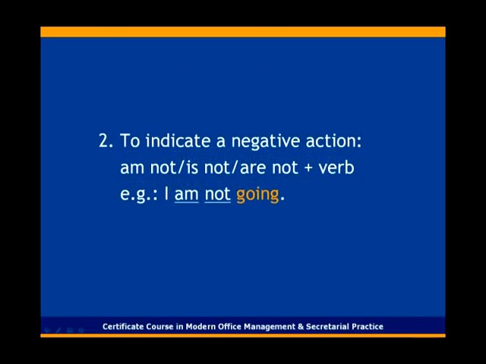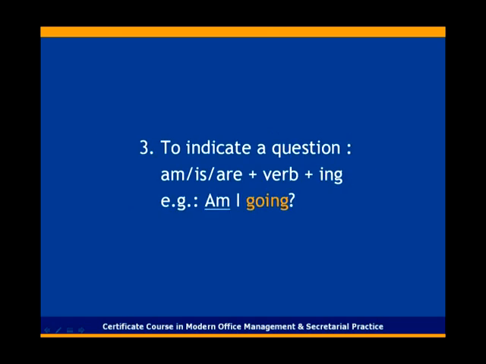To indicate a negative action, we use am not, is not, or are not plus the verb plus ing. For example, I am not going. To indicate a question, we use am, is, or are plus the subject plus the verb plus ing. For example, am I going?